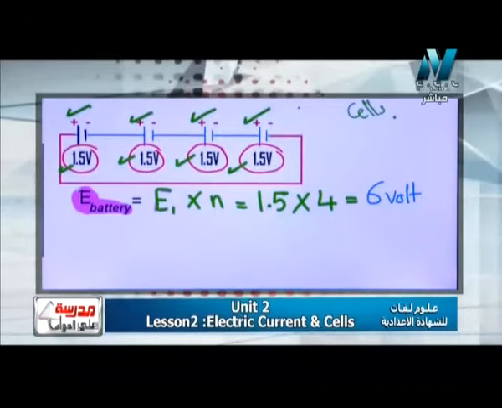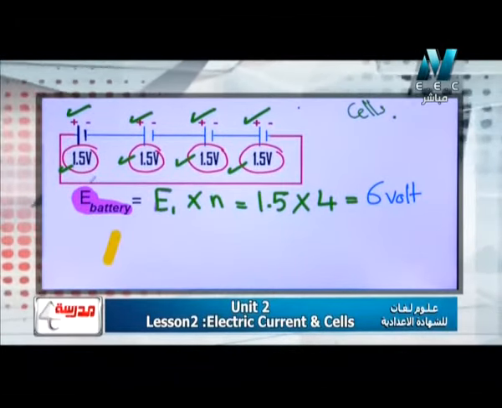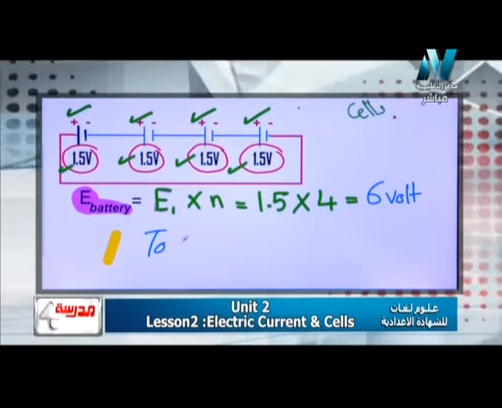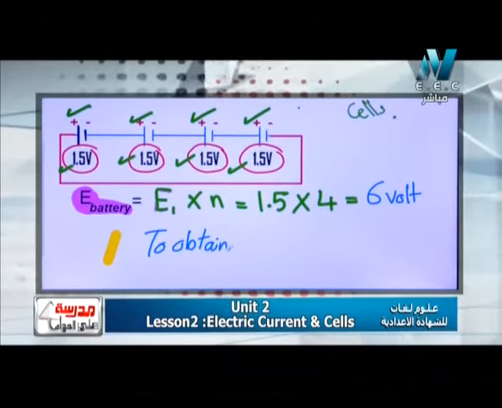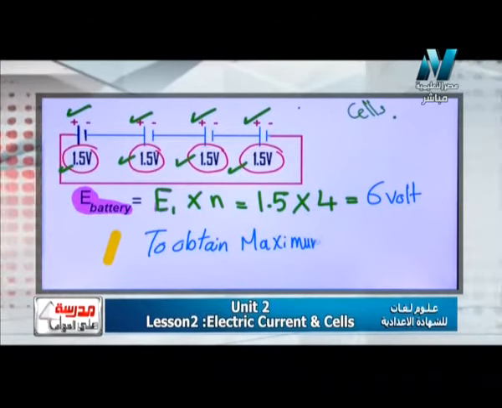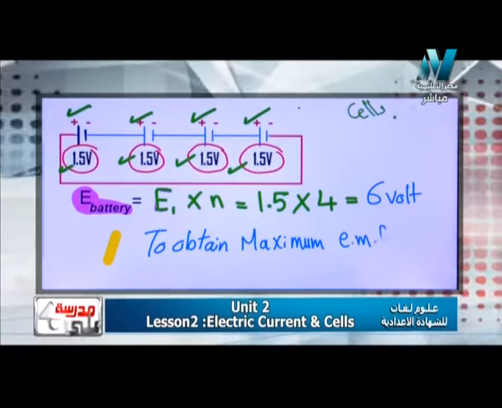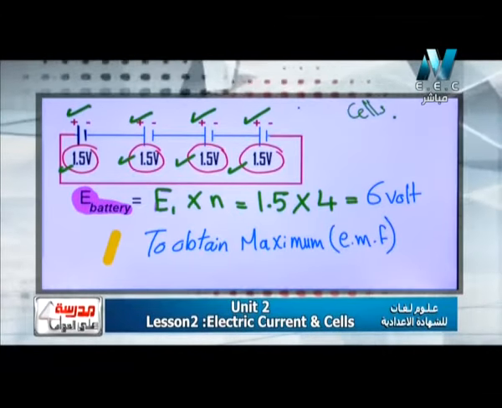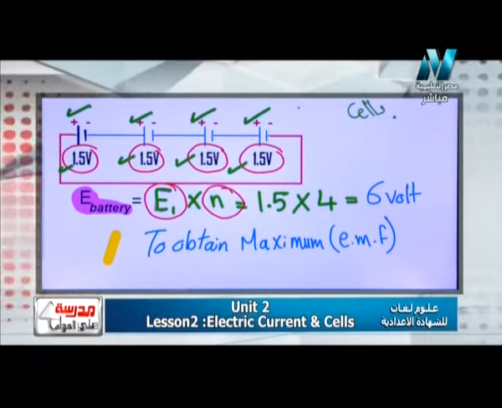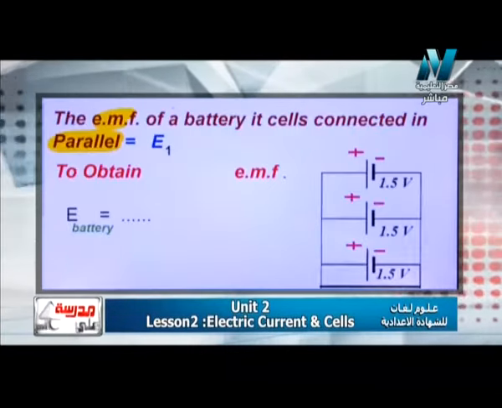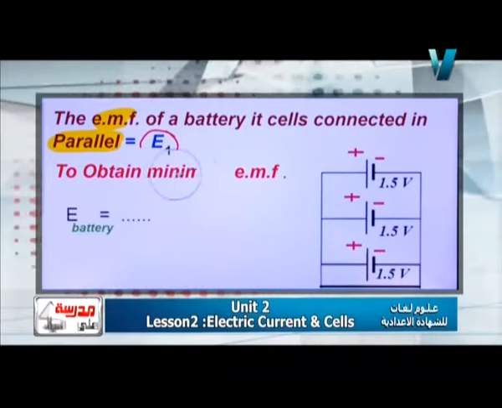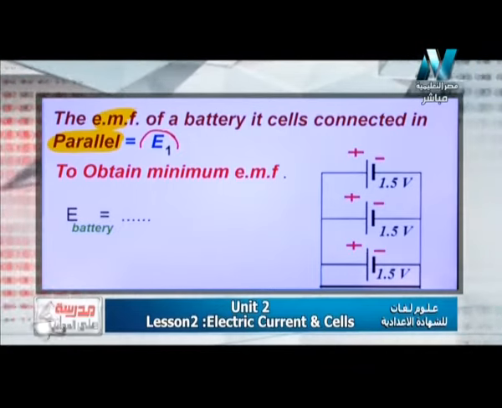We connect them in series to obtain maximum electromotive force, as we know, E1 times the number in series connection. But in parallel connection, the electromotive force equals E1 only. So here we obtain the minimum electromotive force.